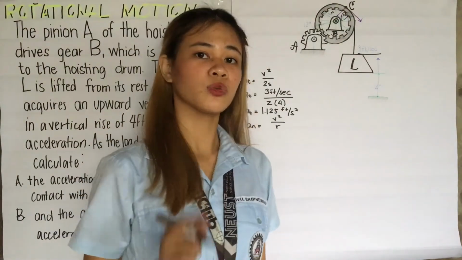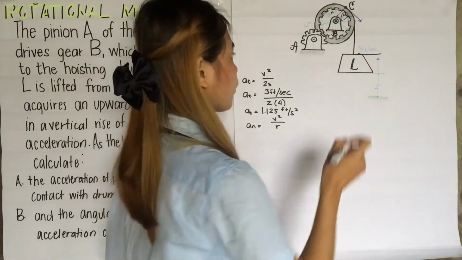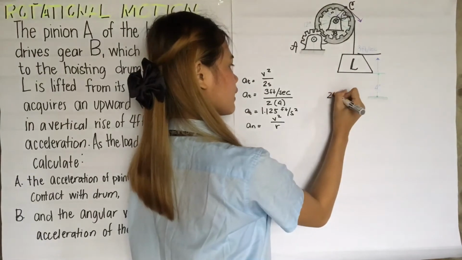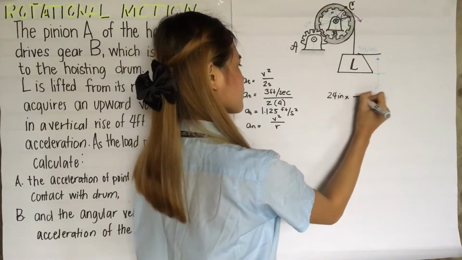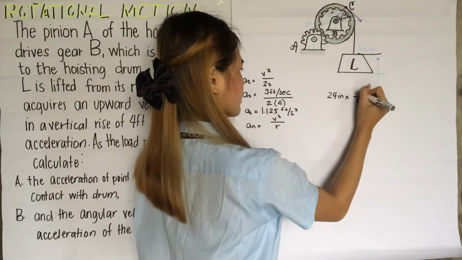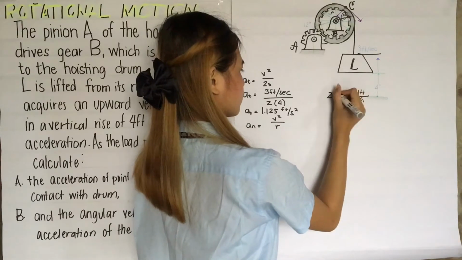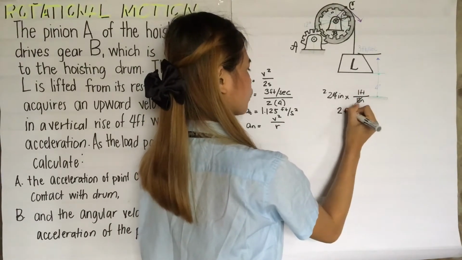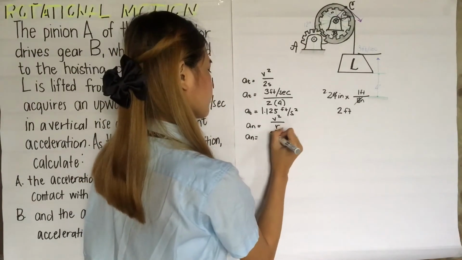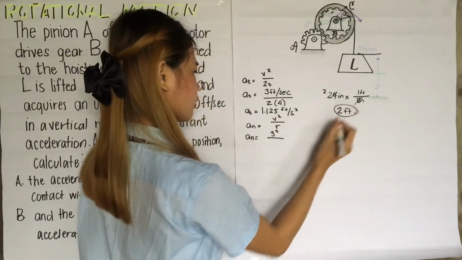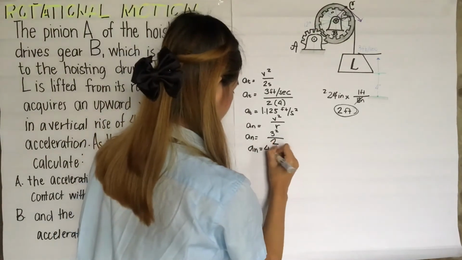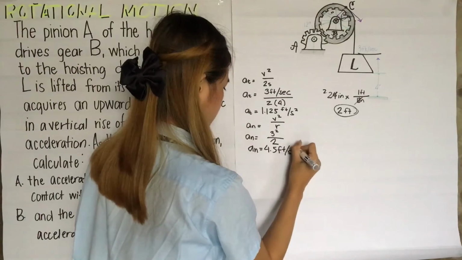We have 12 inches equals 1 foot. Half of the diameter is 24 inches, and 24 inches times 1 foot over 12 inches gives 2 feet. So, A normal equals 3 squared over the radius of 2. Our A normal is 4.5 feet per second squared.